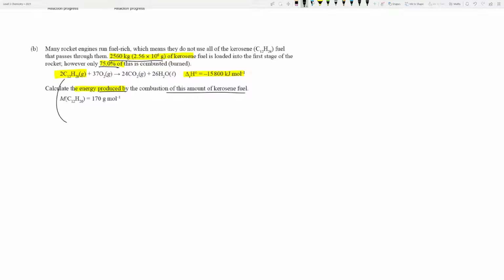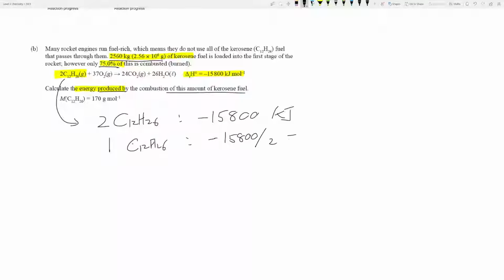Just from the equation, you can see 2 moles of kerosene releases negative 15800 kilojoules of energy, right? So that means 1 mole of C12H26 is going to release half of that, which is negative 15800 divided by 2, which is going to be negative 7900 kilojoules of energy.